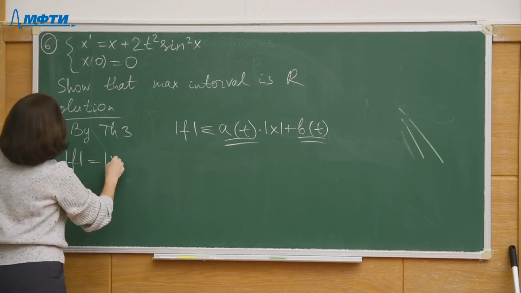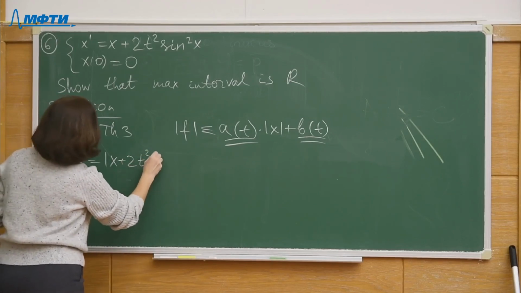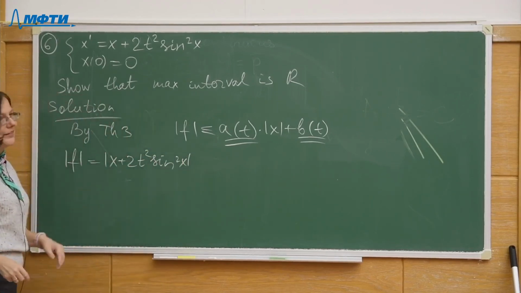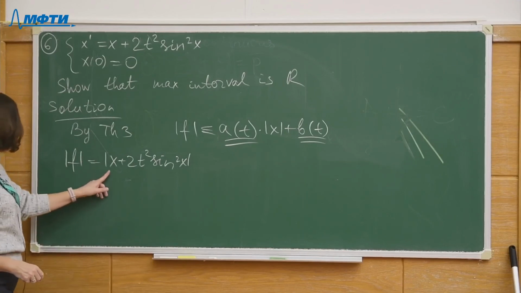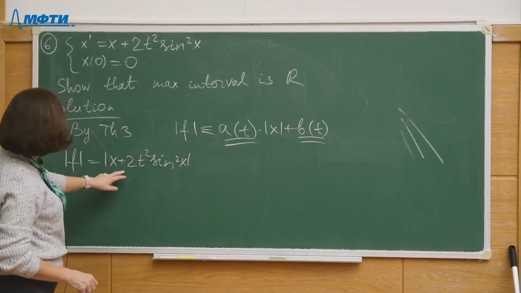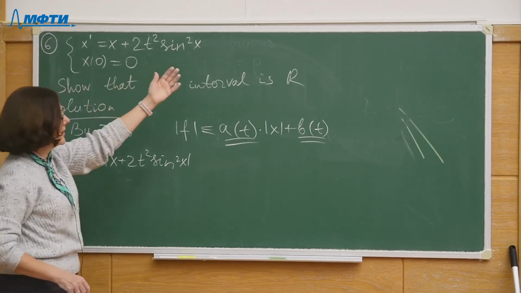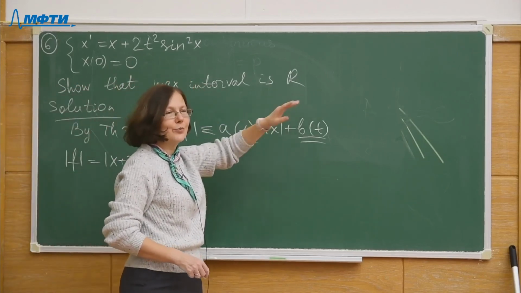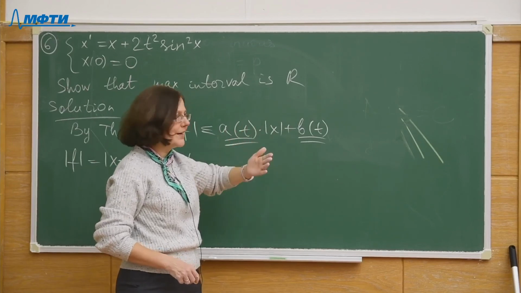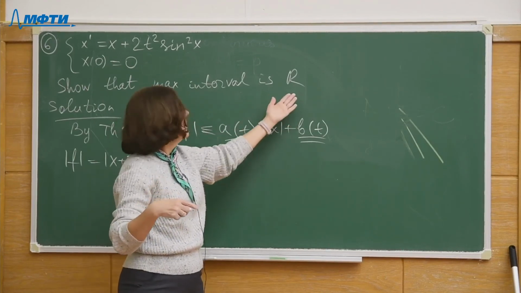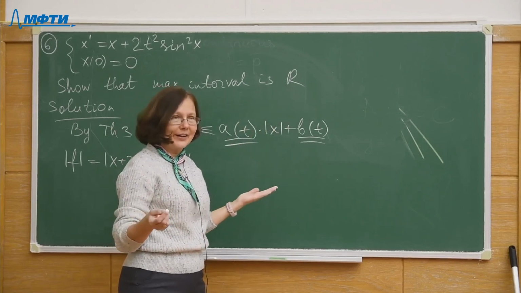Let's try to estimate f. It is x plus 2t squared sine squared x. A and B are the endpoints of the interval, the maximal interval. But if we take R for the interval, theorem 3 can be applied to R. The interval can be taken to be the entire real line.